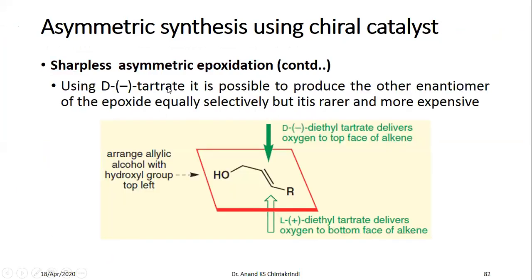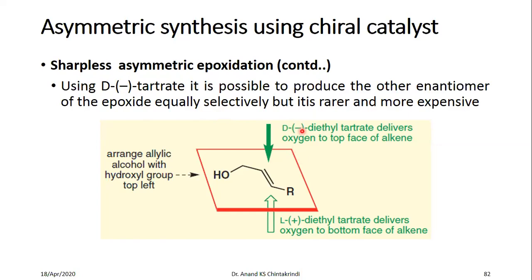As I've said, using D-tartrate, it is possible to produce the other enantiomer of the epoxide equally selectively, but it is rarer and more expensive. Again, the L-tartrate is obtained naturally. It is a form of the chiral pool, and D-tartrate you will have to synthesize, so it is quite expensive. But still, the D-tartrate would give you the other enantiomer.